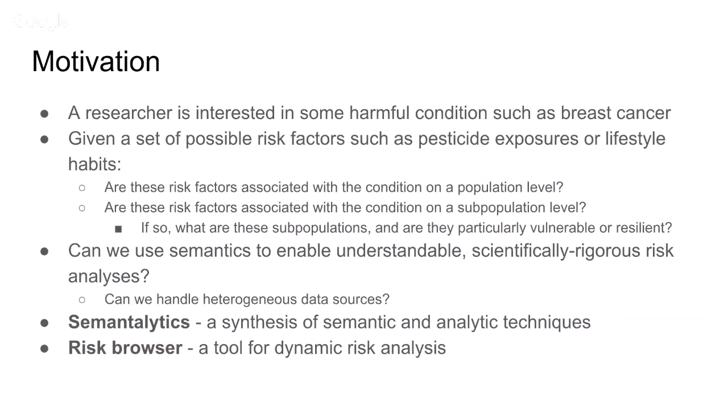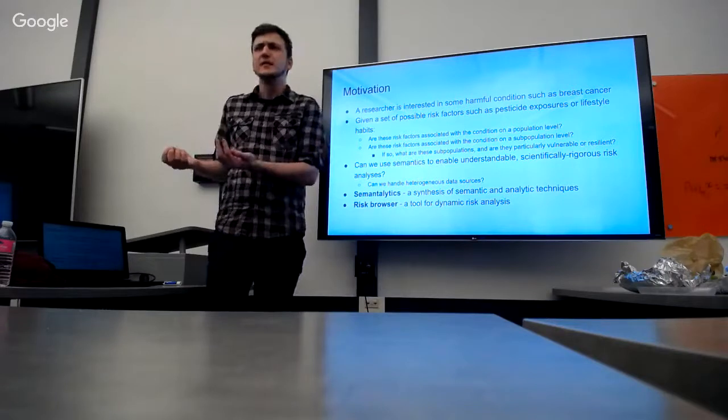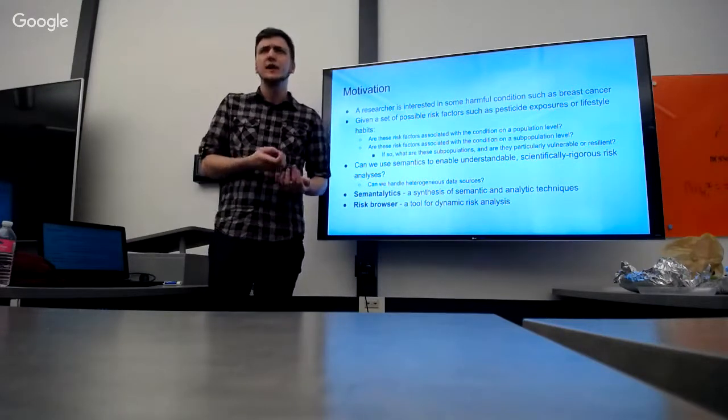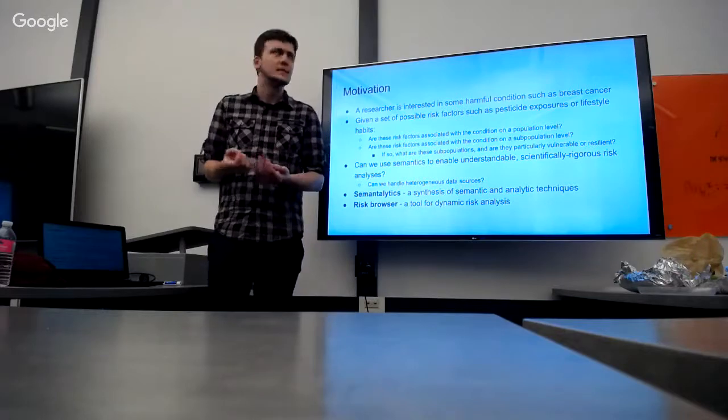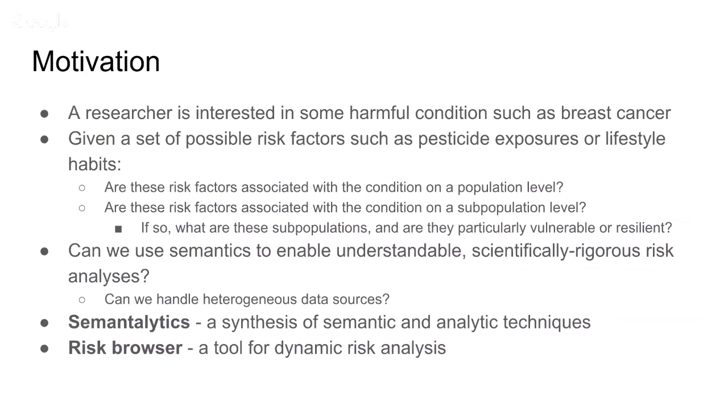There's a couple of ways you could ask this question. You could say, on the level of an entire population, is there an association? Or you could scale down and say, for some specific subpopulation, is there a vulnerability? So are people of a certain ethnicity or people from a certain region in the country, do they have some notable susceptibility or resistance to these risk factors?